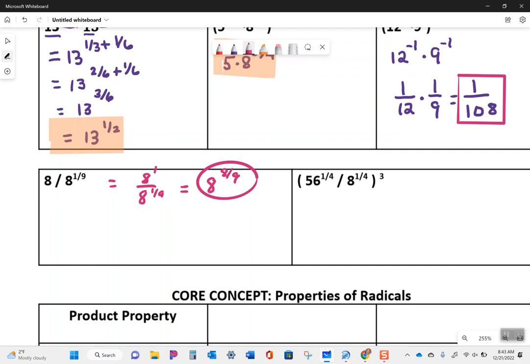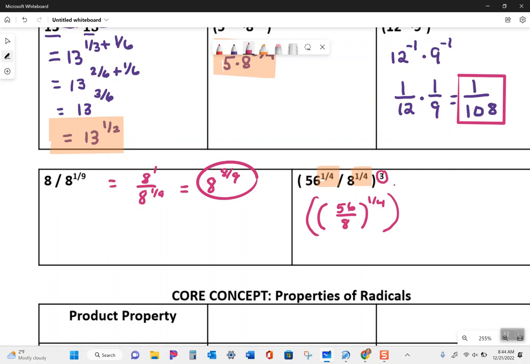Next one. Now, I really like this next one. And a couple things I want to point out to you is this. Okay. Guys, notice right in here, inside of this one right here, what do you notice about these two exponents here? They're the same. So if that's the case, this is kind of the same as 56 over 8 to the 1/4 power. And then we're going to take that whole thing after that to the what? Okay.